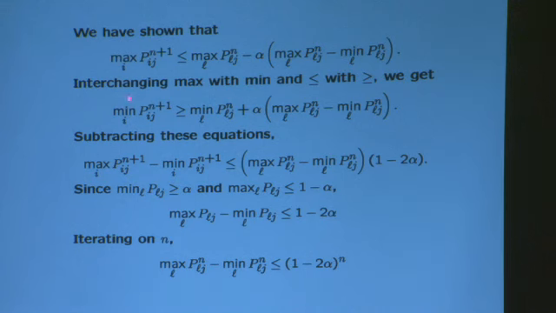We can take the difference between these two. If we subtract these equations, the first equation minus the second equation, we have this on the right-hand side, and these terms over here on the left-hand side. These terms exactly prove the first line of the lemma.